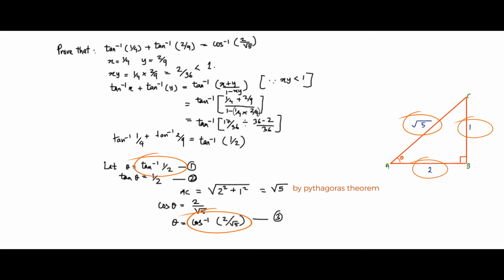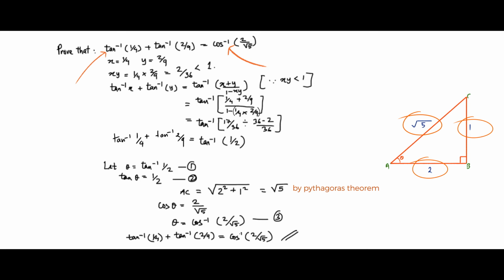From equations 1 and 3, we can conclude that the left hand side, tan inverse of 1 over 4 plus tan inverse of 2 over 9, is equal to cos inverse of 2 over root 5.